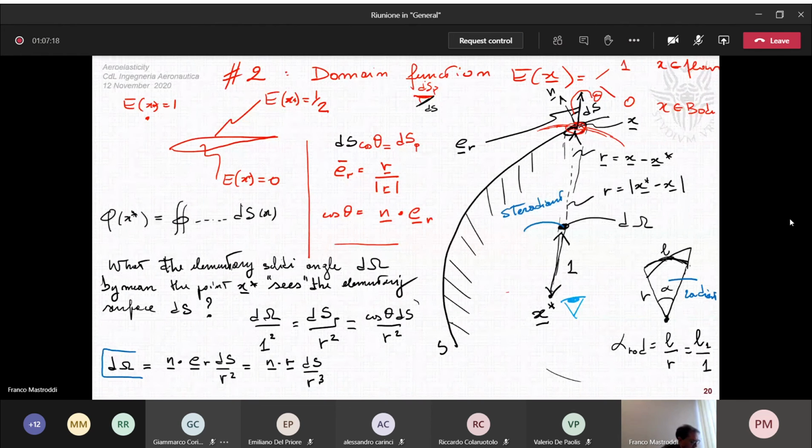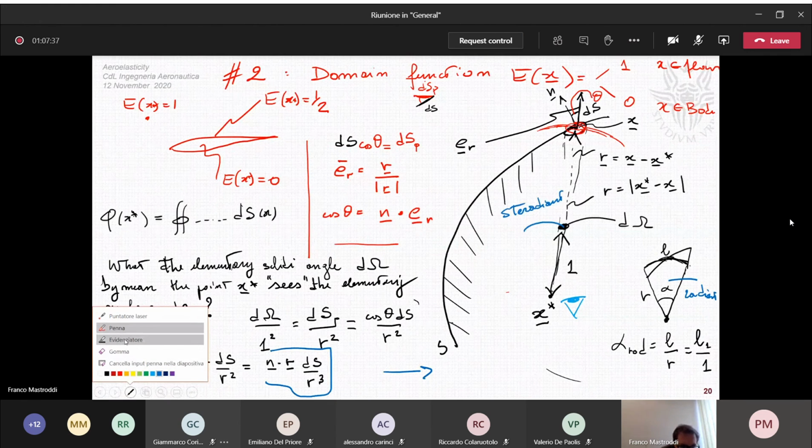Now, the objective of this discussion is the following. This is the preliminary of this discussion: the elementary expression of the angle in steradians.